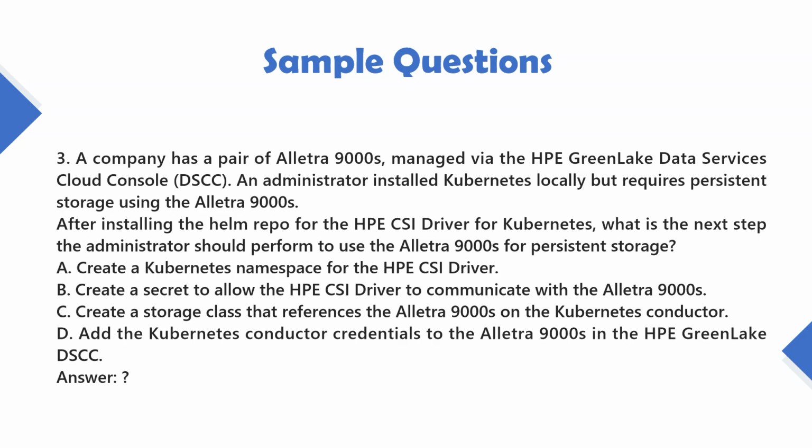A. Create a Kubernetes namespace for the HPE CSI driver. B. Create a secret to allow the HPE CSI driver to communicate with the Alletra 9000s. C. Create a storage class that references the Alletra 9000s on the Kubernetes conductor. D. Add the Kubernetes conductor credentials to the Alletra 9000s in the HPE GreenLake DSCC.